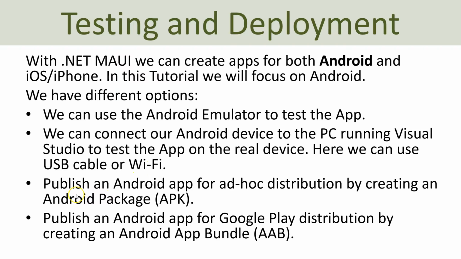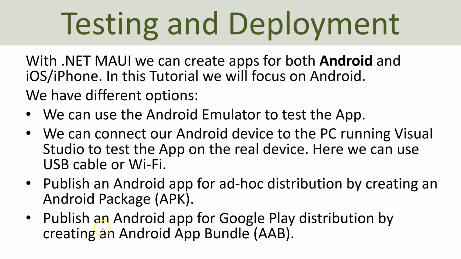The next step would be to publish an Android app for so-called ad hoc distribution by creating a so-called Android package, or short APK. This can be used to distribute your application to different persons. You can send this APK package by email, or you can make it available for download on a web page, etc.